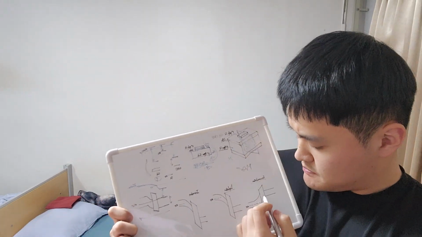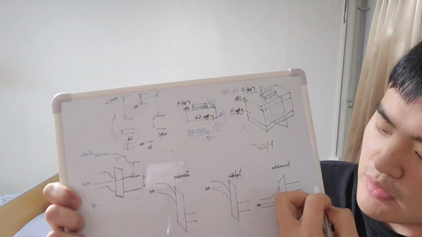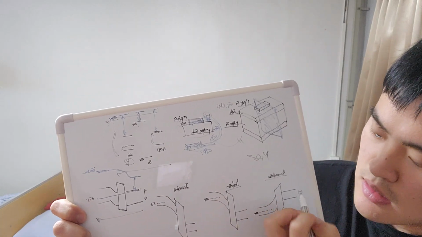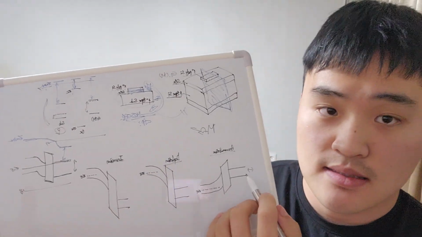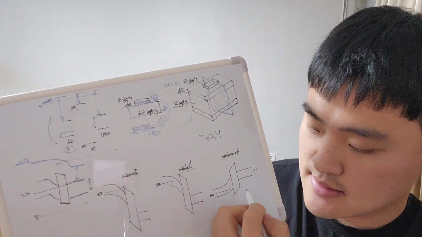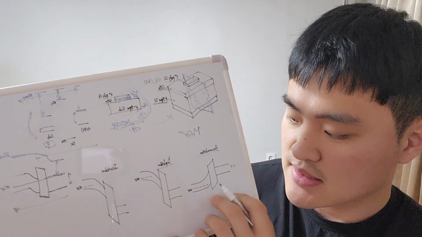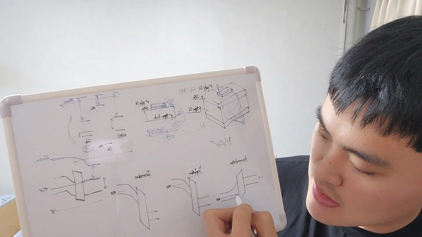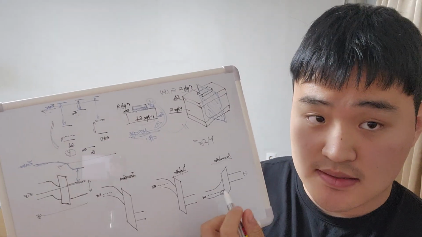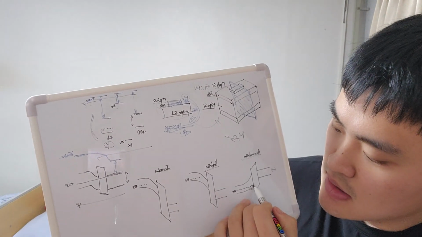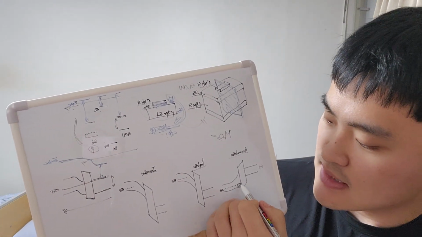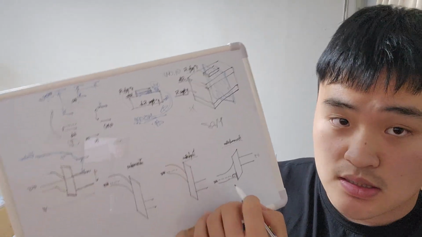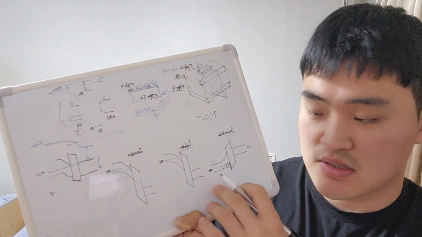So for the first, when we put a negative bias on our MOS cap, in here, which we call the surface, the interface of the oxide part and the p-type part, we usually call this the surface.